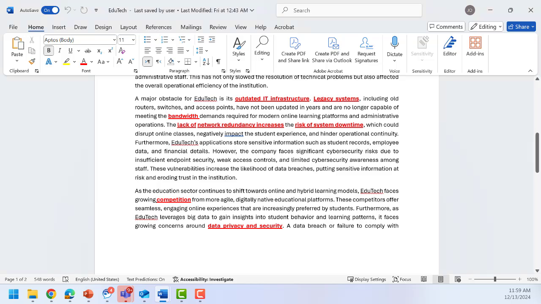So that's definitely a threat from outside. Competition from more agile, digitally native educational platforms. Data security is also an issue because of the data being used. So go through the text, go through the slide that I gave out, and see if there's anything that you can get from that.